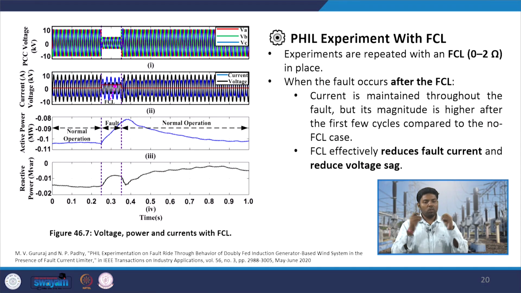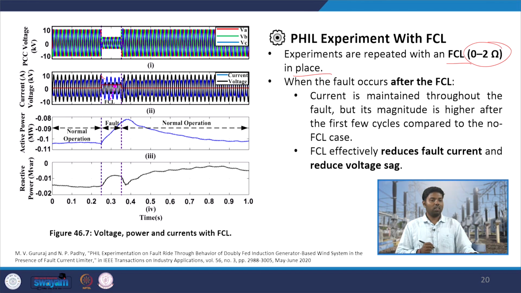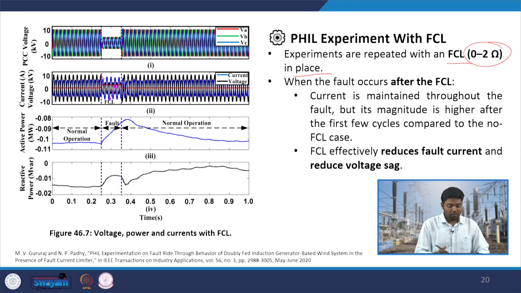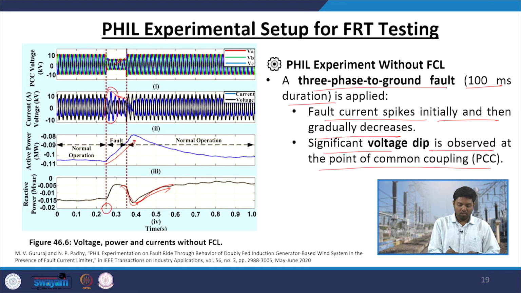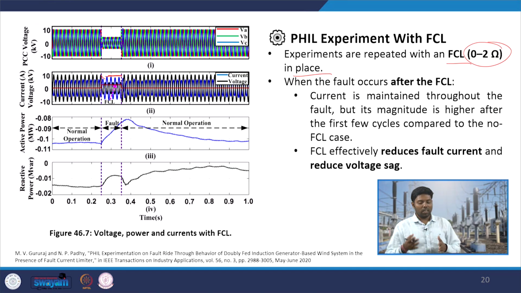Now, if you put in the fault current limiter and change its value from 0 to 2 ohm, you can see that the initial fault current has been reduced significantly. You have reduced currents, and ultimately it settles down to a higher value compared to this value, but that initial spike in the current you can limit with the help of the fault current limiter.